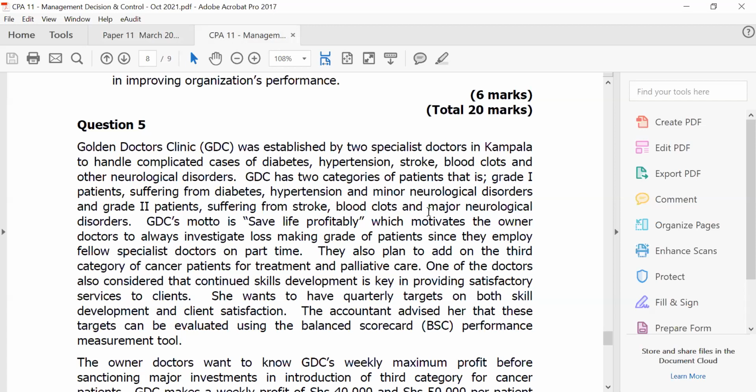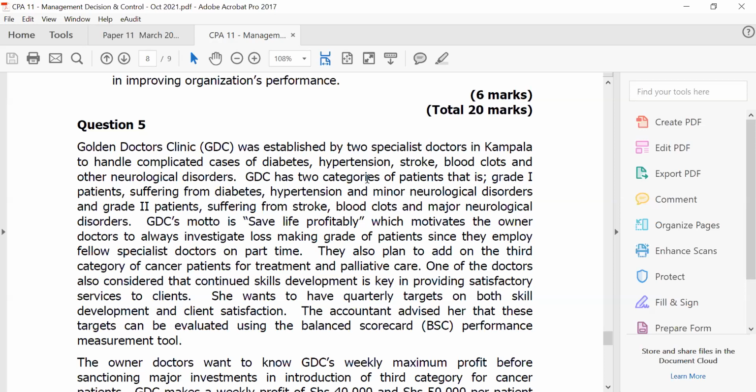Let's just go through it and see how we can conceptualize the information and put it on paper, as I continue explaining what you need to do exactly. They're telling us that Golden Doctors Clinic, GDC, was established by two specialists in Kampala to handle complicated cases of diabetes, hypertension, stroke, blood clots, and other neurological disorders.